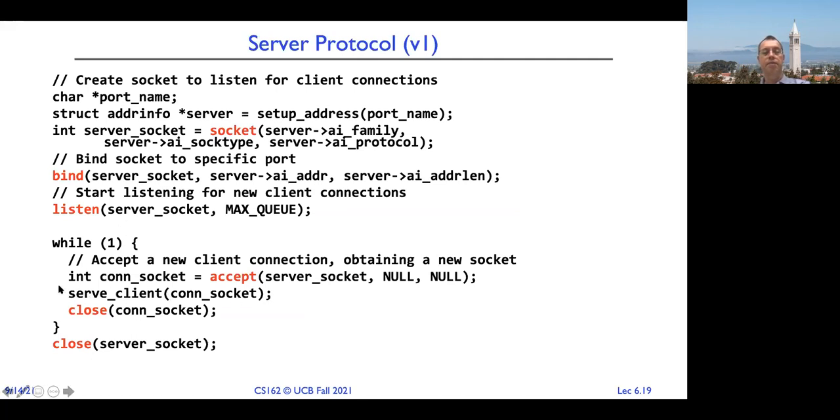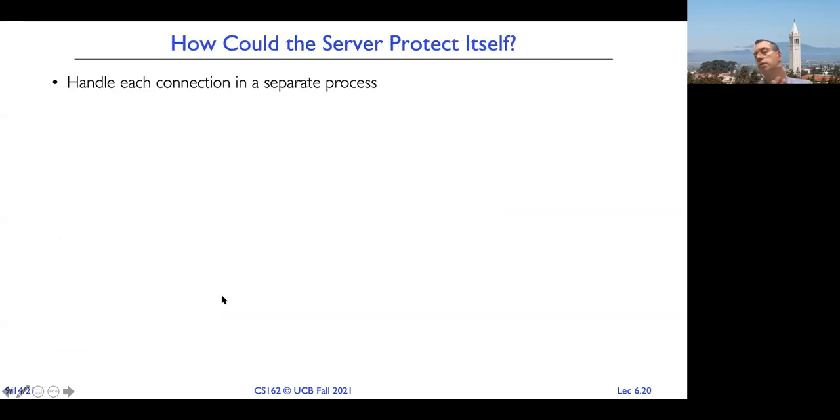There are multiple methods here. One, if you want to really protect yourself from the client sending you something stupid that causes you to do bad things, you can do it.